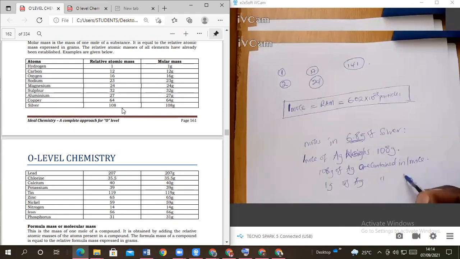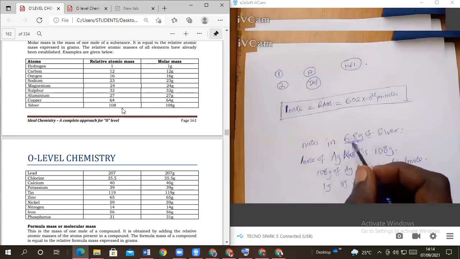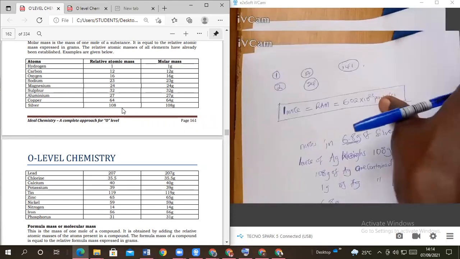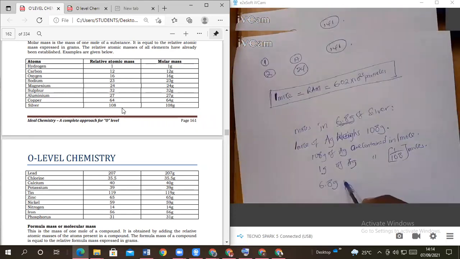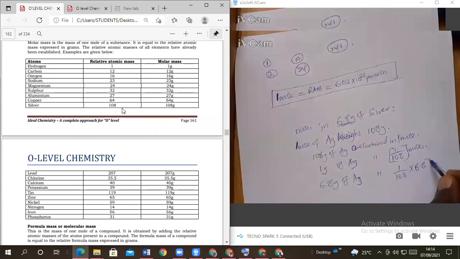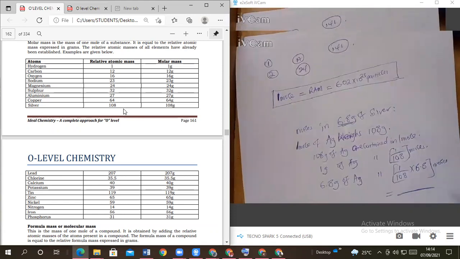It has 1 out of 108 moles. Then the question comes in, what about 6.8 grams of silver? It contains 1 out of 108 times 6.8. These are the moles. What is the answer?